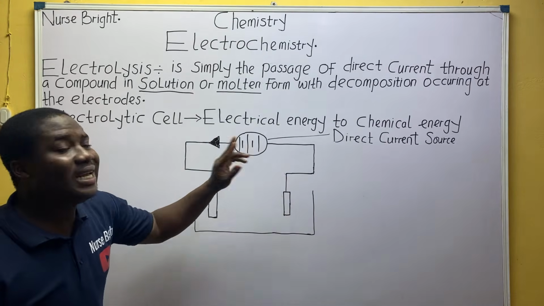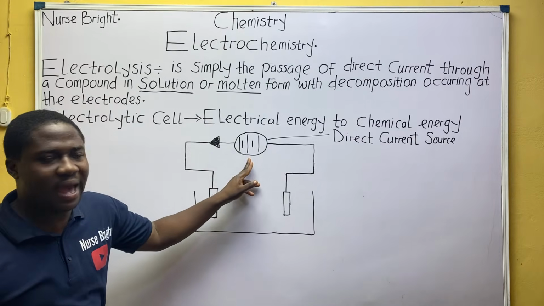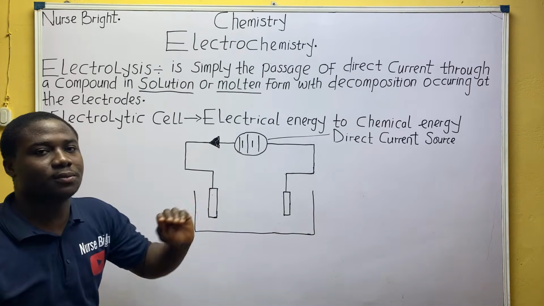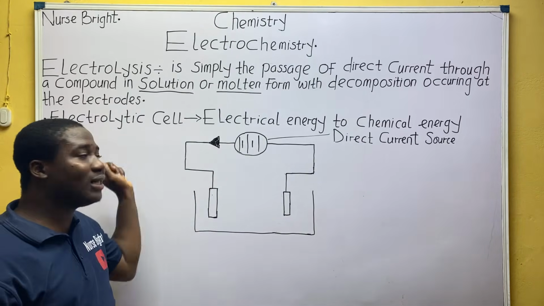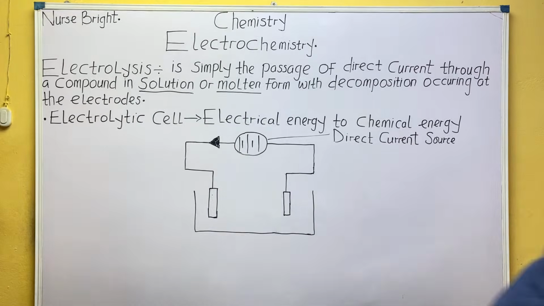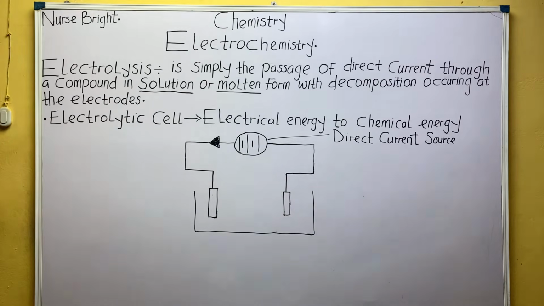Now, this current is moving from here, and you can see the direction. Whether in physics or chemistry, current always flows in one direction. It flows in the opposite direction to the source.